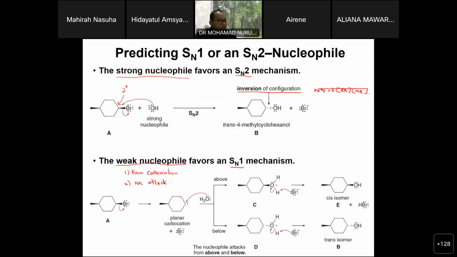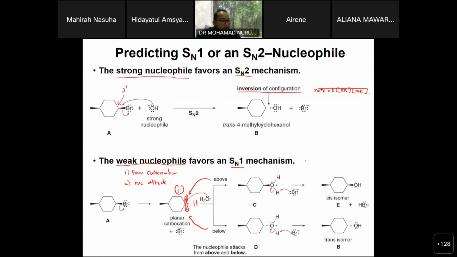The carbocation has an empty orbital, so the nucleophile can attack from the top, above, and from below, and it will give different products, the cis and trans isomers.